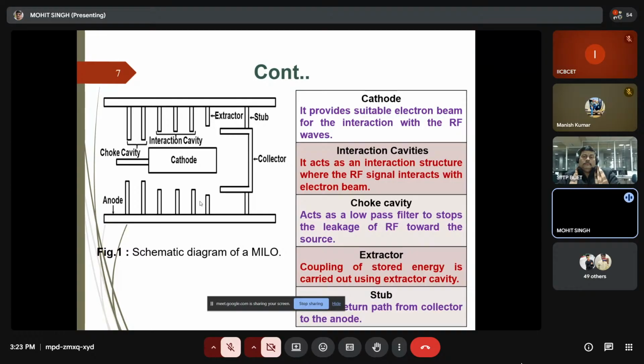Okay, I have worked with 500 kilovolt. Means I have given a supply. I have created a potential difference between cathode and anode. That potential difference is of 500 kilovolt.